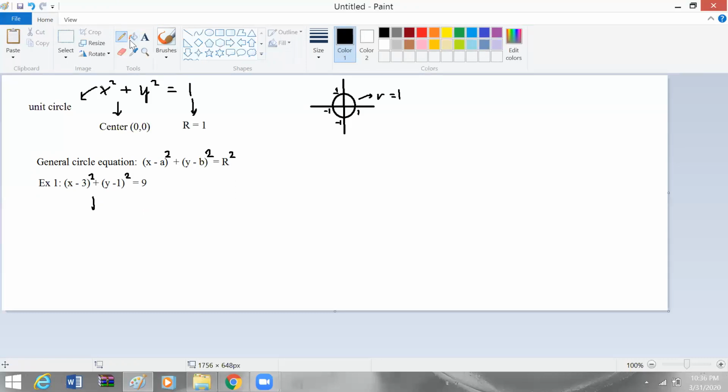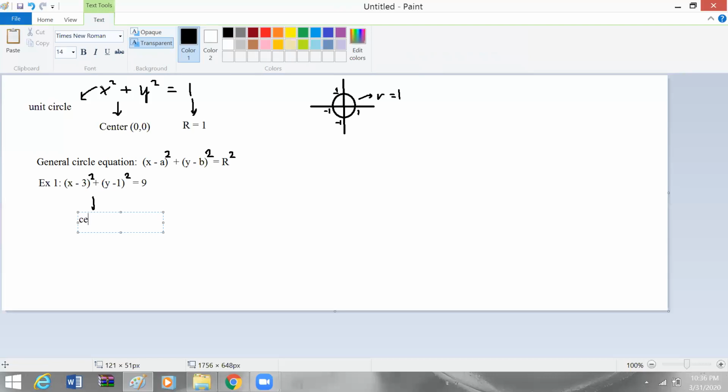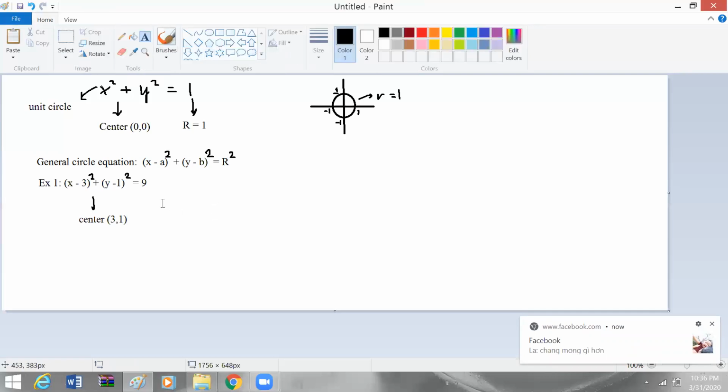So the center is equal to 3 and 1, and the radius will be equal to 3.